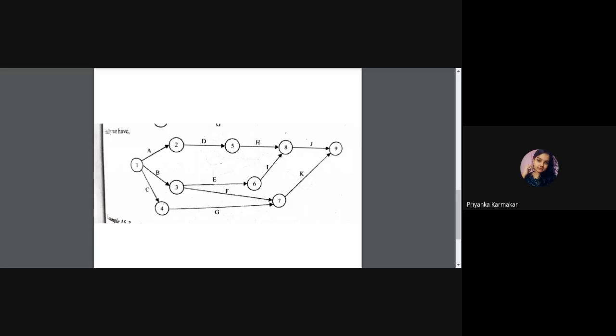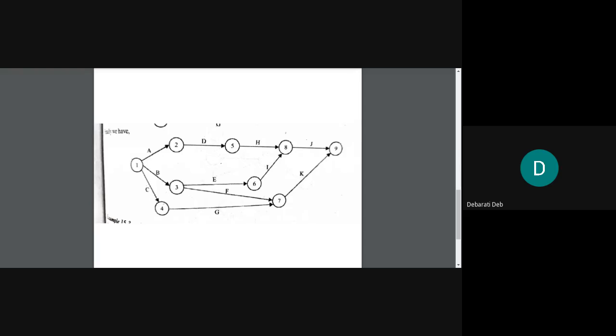Last one means after F, F is less than both H and K. So below H and K, you will write F. And below J, you will write G and H, because G and H are both less than J. Then below E, you will write I, comma J, comma K. This much information is given only.